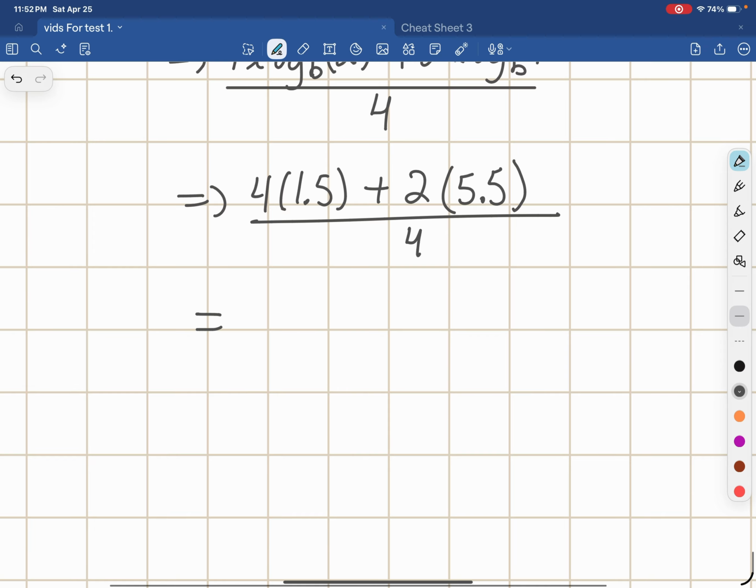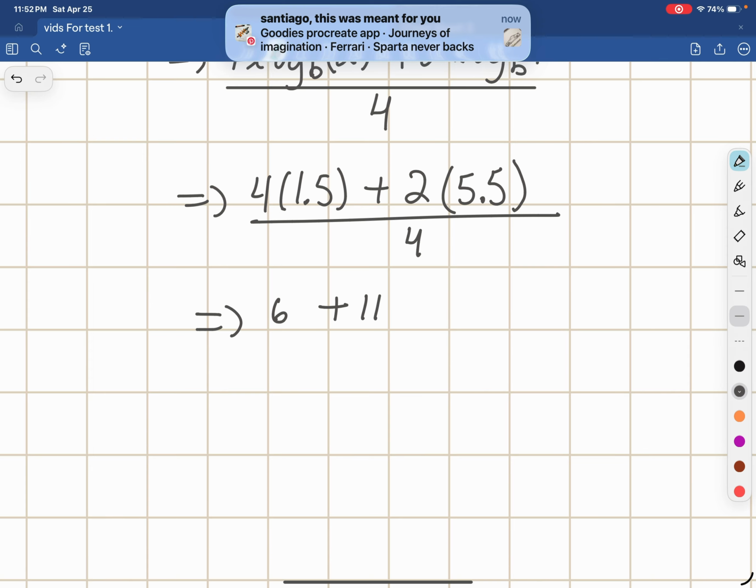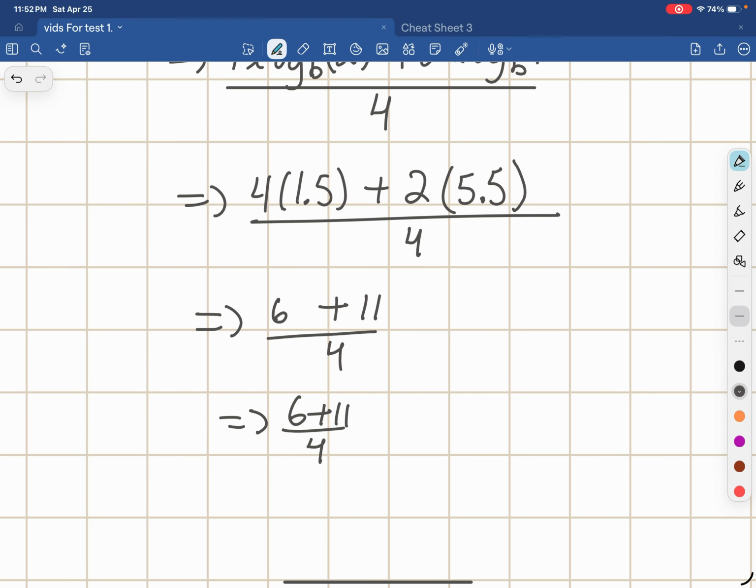Now let's do that math. 4 times 1.5 is going to be 6, plus 5.5 times 2, which is 11, over 4. 6 plus 11 gives us 17 over 4.